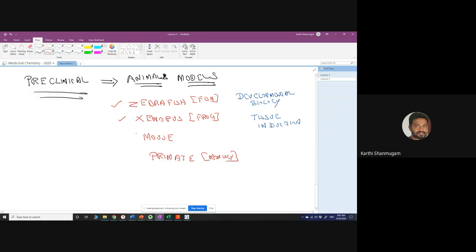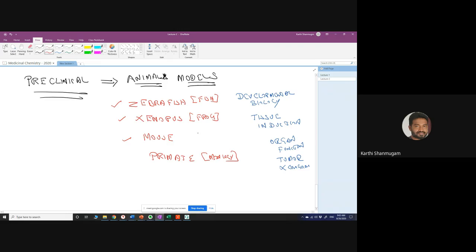And if your study is related to organ function, say if you want to study the function of the heart, heart is an organ, right? Or if you want to do some studies on tumor xenograft, the preferred model is mouse or rat.